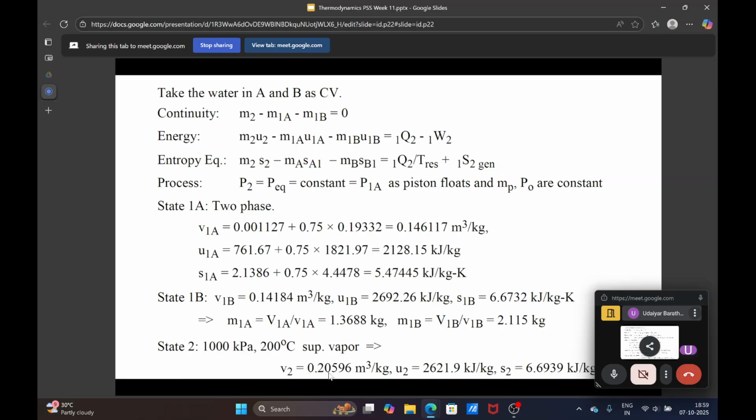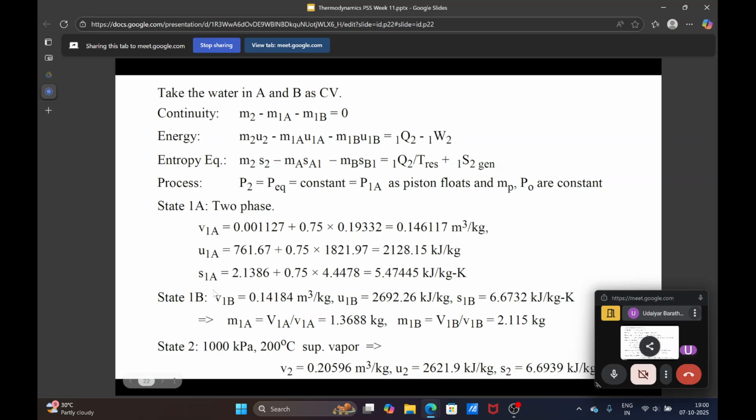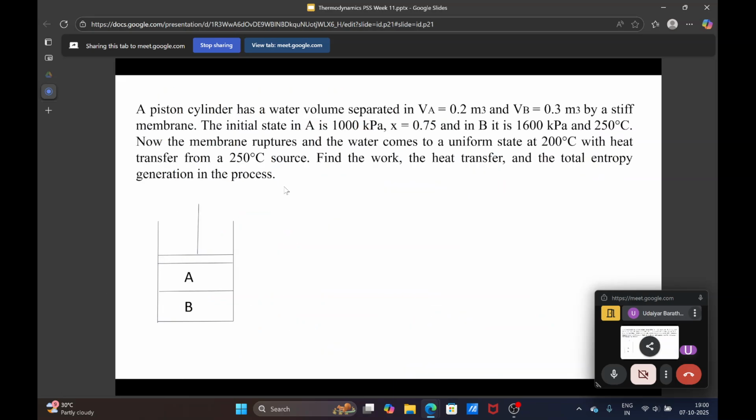V2 is 0.20596 meter cube per kg, U2 is 2621.9 kilojoule per kg, and S2 is 6.6939 kilojoule per kg Kelvin. Here we assume a massless piston, since the piston weight is not given. The pressure applied from outside should be equal to the pressure inside, and the outside is the atmospheric pressure, which we assume.